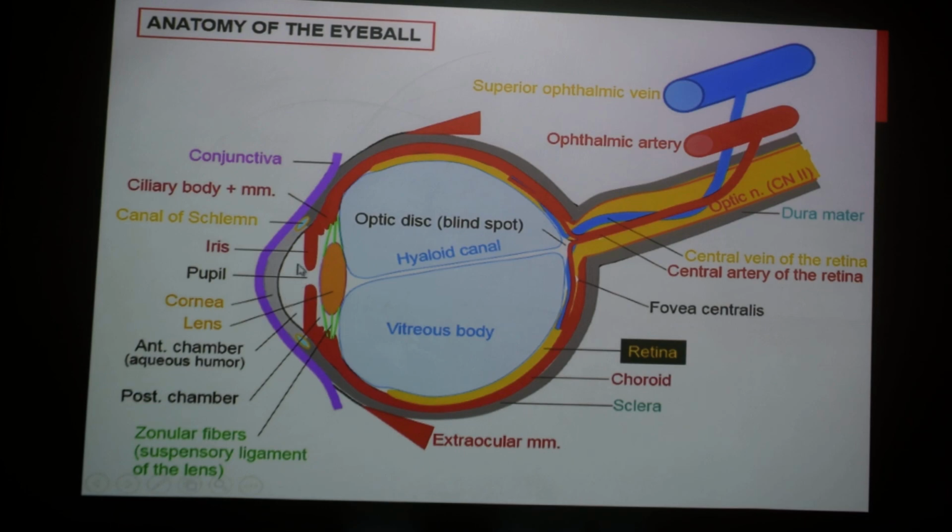And then this aqueous humor is going to drain through the canal of Schlemm, which is lying at the junction of the iris with the cornea. So at the iridocorneal junction, you have this canal of Schlemm through which the aqueous humor is going to drain. So if you have the angle between the iris and the cornea narrow, then it would be difficult for this aqueous humor to drain into the canal of Schlemm.